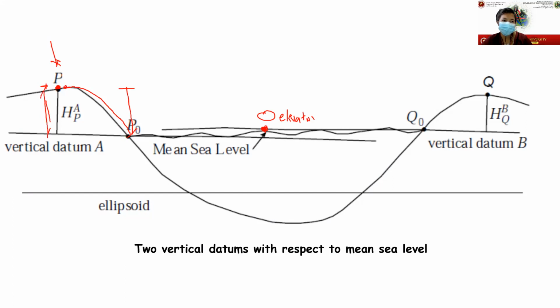A series of leveling surveys was established to determine the height of P. Another observation: if you are observing another point, Q, with the zero elevation here, you run a leveling survey to Q and read the elevation of Q. Then you get the difference, which is the height of Q in reference to zero elevation at the mean sea level.